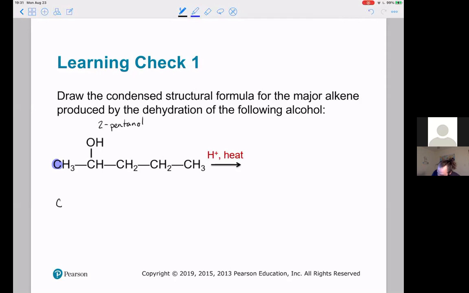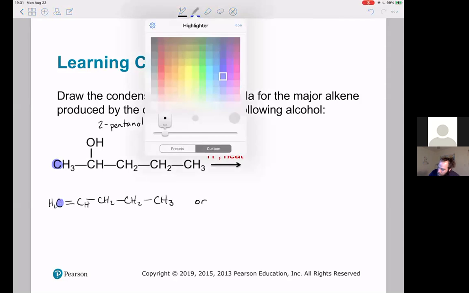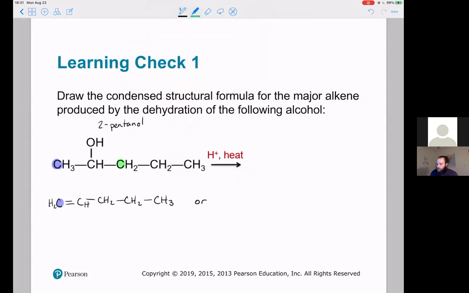So that would be CH2 double bonded CH, CH2, CH2, CH3.